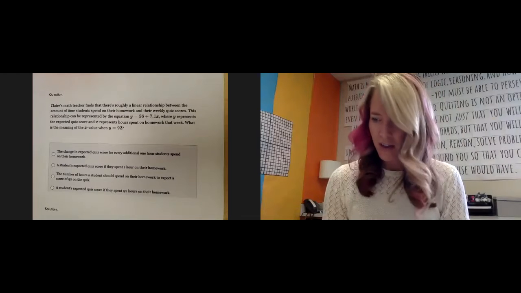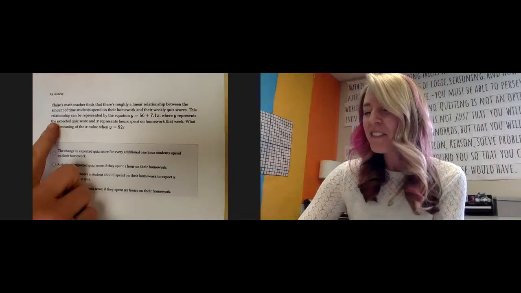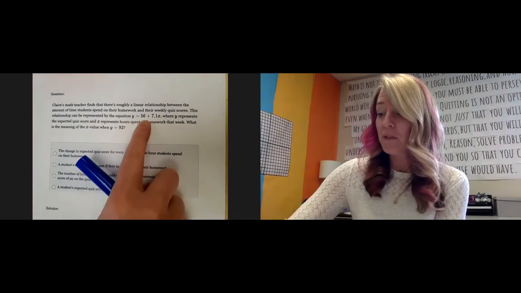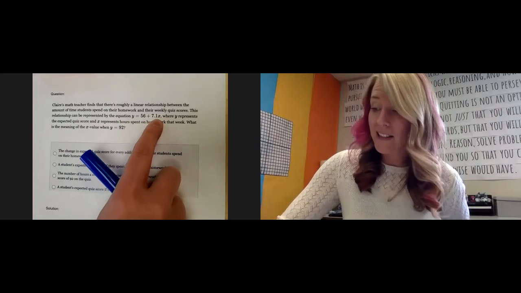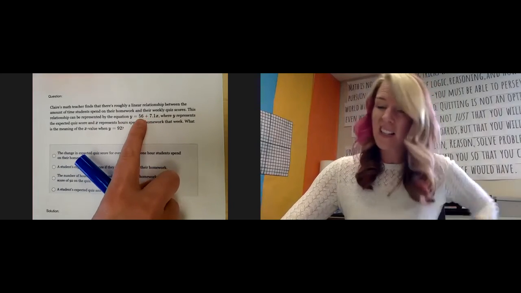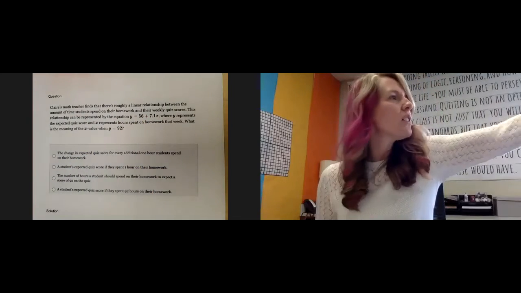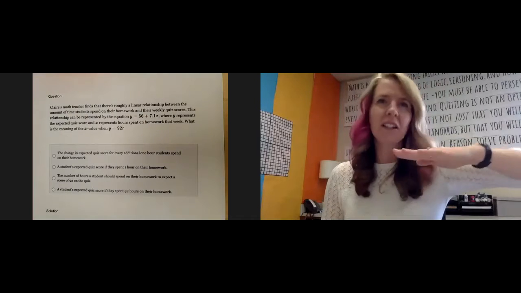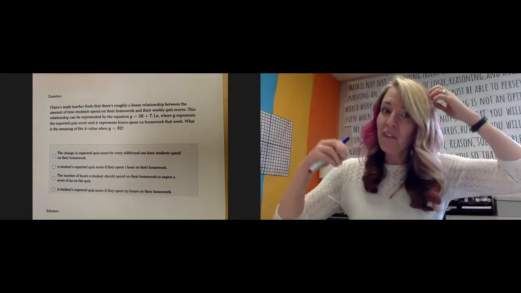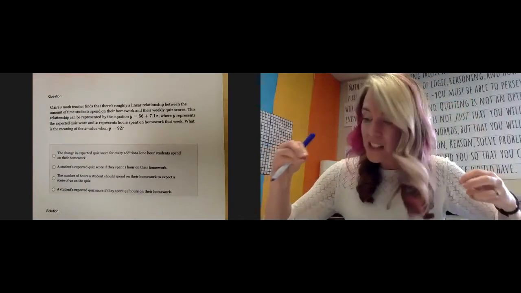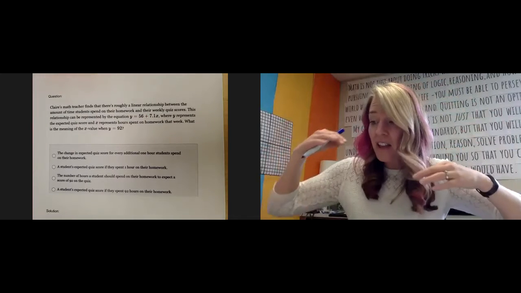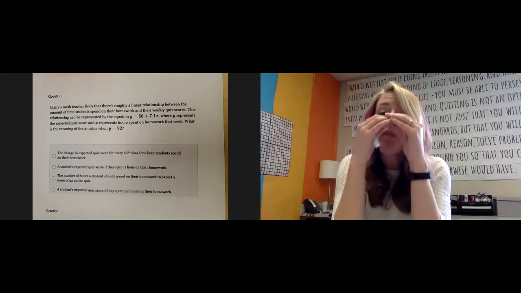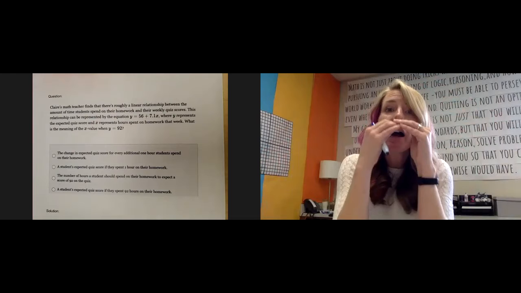No. Anyway, this relationship can be represented by the equation y equals 56 plus 7.1x. Again, they kind of switch the order on us. The constant, the starting point, everybody scores 56 points, okay, 56%, let's say. And then for every hour that they spend on homework or studying, their score is going to go up 7.1.